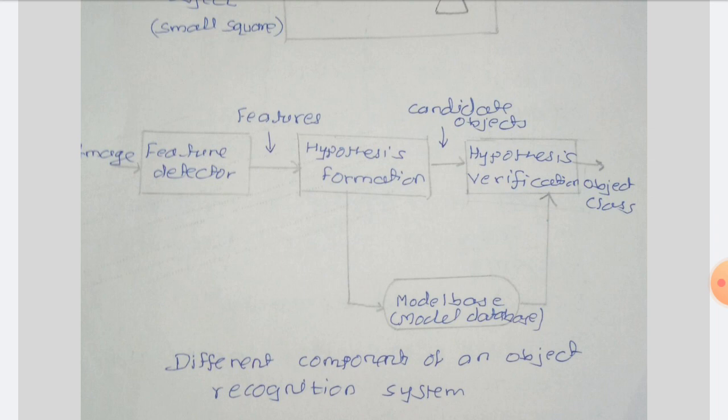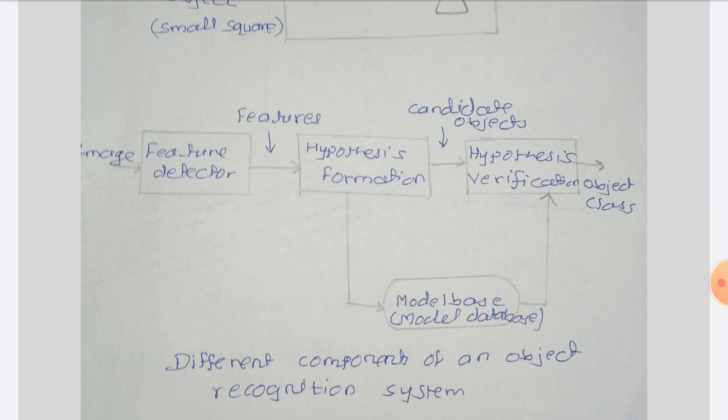Here in this case we can use size and shape, these two attributes, and we find out what exactly is present in the image, either a triangle, square or circular object.